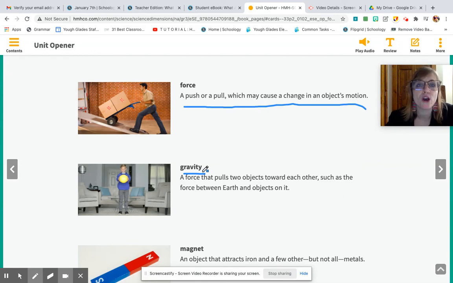Now, we also had to think about air particles and how they push against our parachute, the top of our parachute. We needed our parachute to be wide enough to catch as many air particles as possible so it would slow down the drop. Because no matter what, there's a force pushing that parachute down.